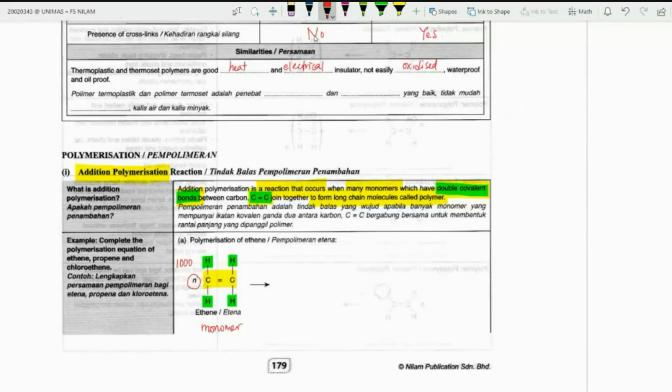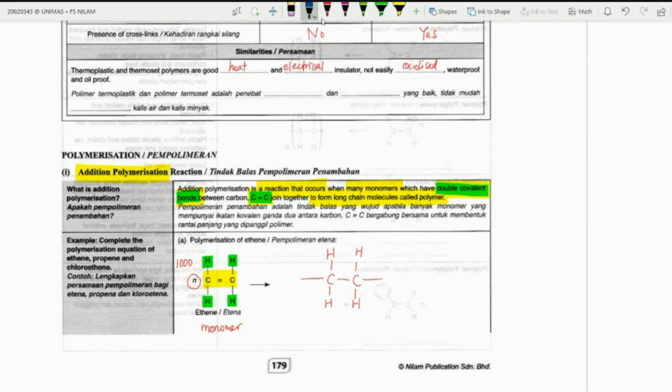How are we going to draw the polymers? Remember, the double bond is gone, no more double bond. The remaining still remains H, just copy only. The double bond is no more, so it forms two new single bonds like this.